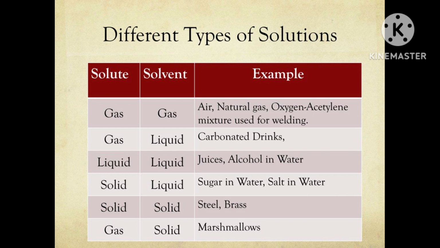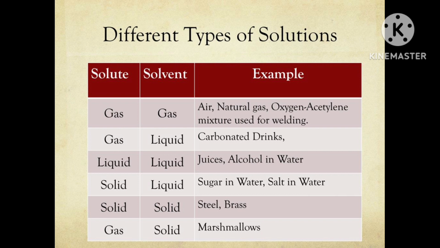Binary means two components, and here each component may be solid, may be liquid, or may be gaseous. Keep in mind, each component may be in a solid, liquid or gaseous state. Now I will give some particular examples.